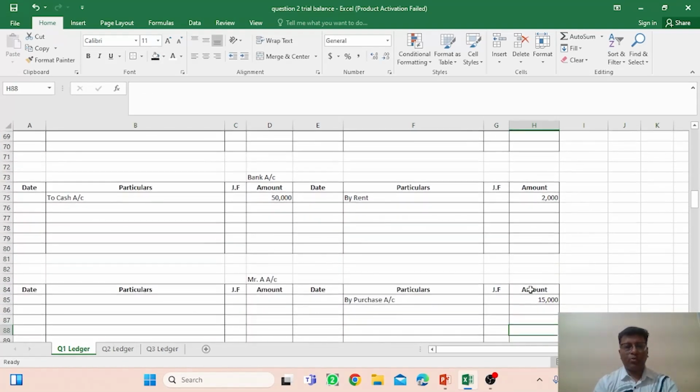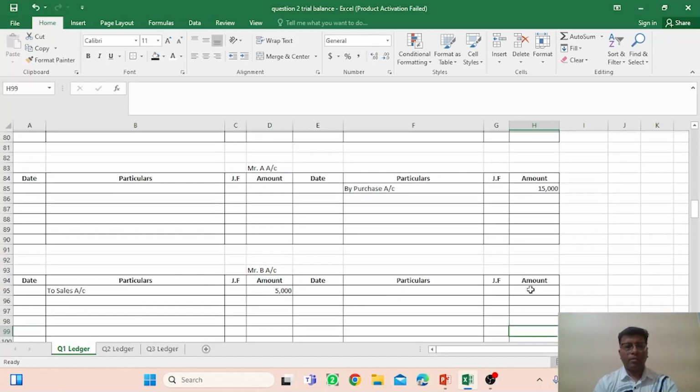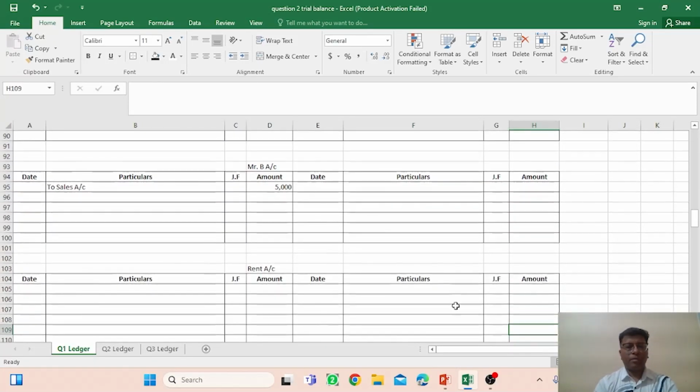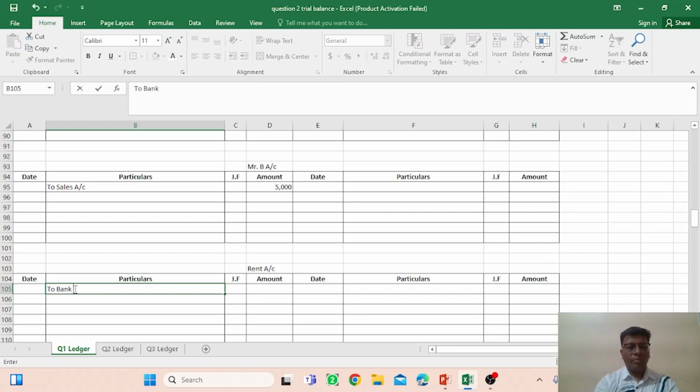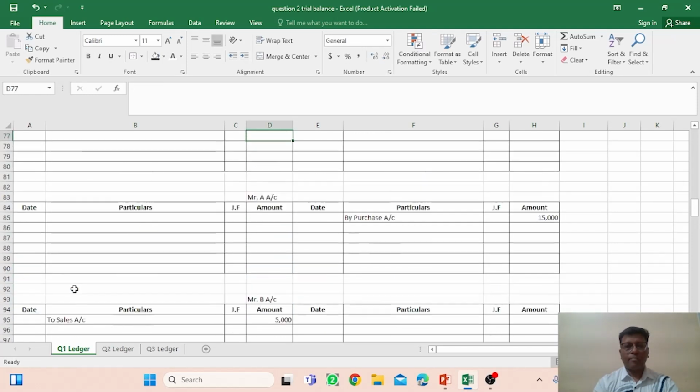Now we approach rent account to bank account, okay, and the amount is 2,000, right?